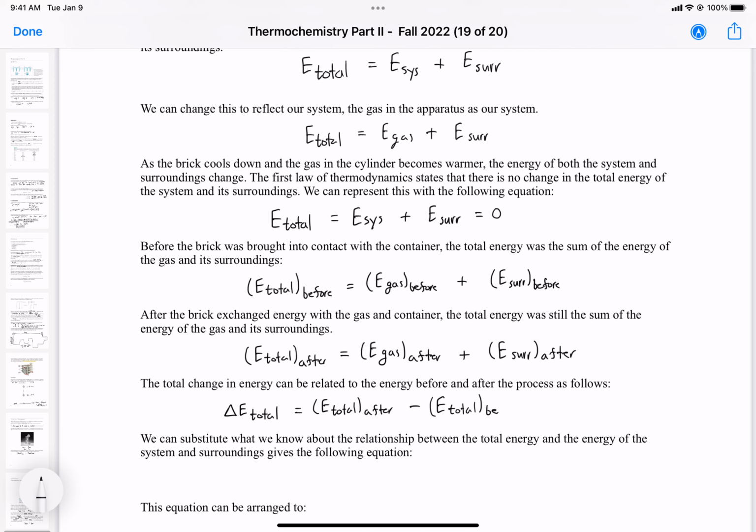And since energy is constant, we're going to say it's 0. So energy is not changing.